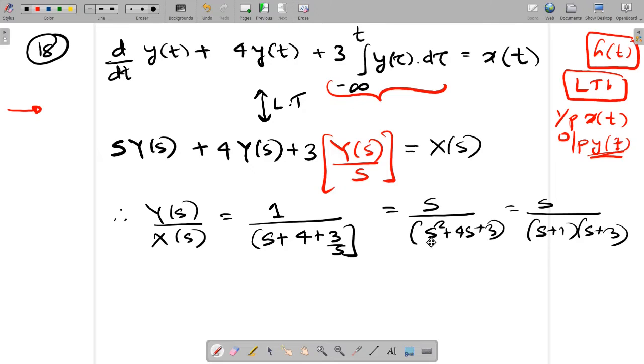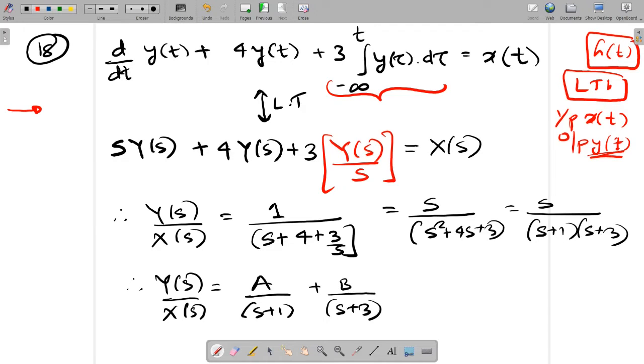You can do partial fractions: y of s upon x of s is equal to a upon s plus 1 plus b upon s plus 3. Get the a and b values, and you will get minus half upon s plus 1 plus 3 by 2 upon s plus 3.